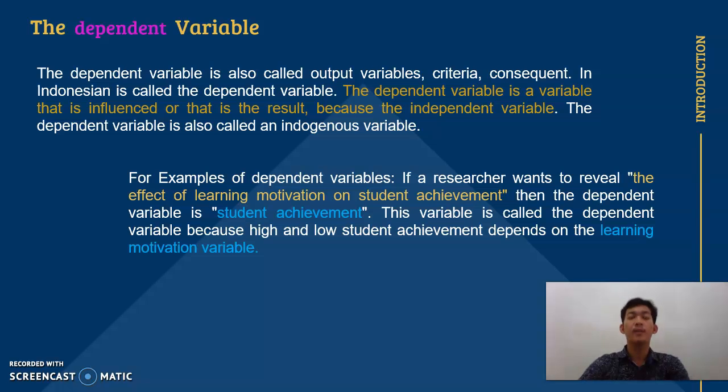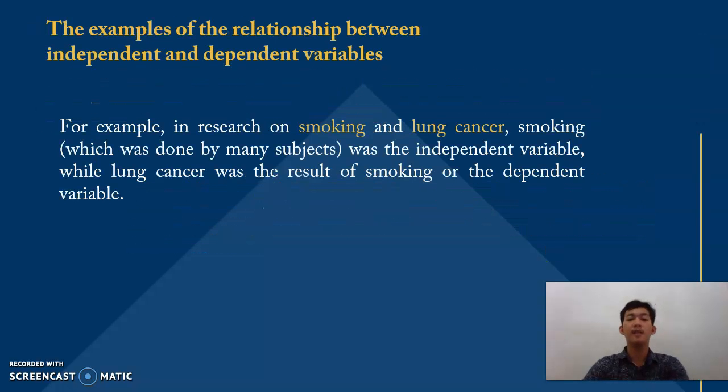Okay, if you are still confused about the difference between independent variable and dependent variable, let me take the other example. It is the example of the relationship between independent and dependent variable. For example, in research on smoking and lung cancer, smoking is the independent variable.